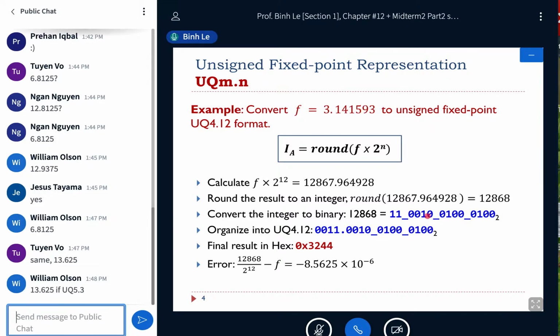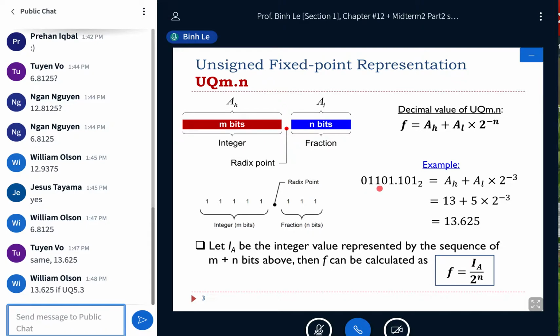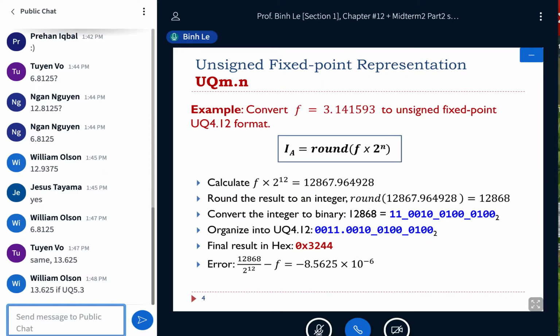Oh, actually 16. I'm sorry, 16 over here. So 4 bits for the integer part, and then 12 bits for the fraction part, right? Can you change to the binary fixed point representation for this real value?